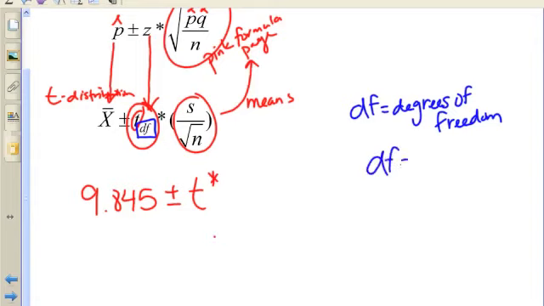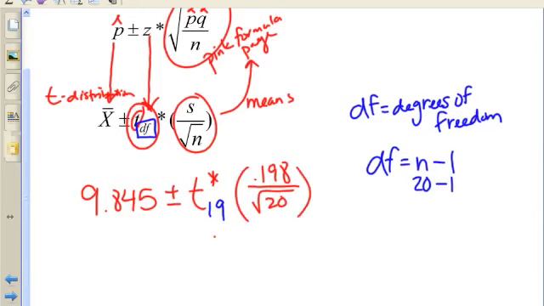Degrees of freedom are equal to N minus 1. Pretty cool. So we had 20 as our sample size minus 1. It means I write a little subscript 19 right here. And that's good enough. I fill in my S, that was in the calculator, over the square root of 20. And I'm just going to copy the interval straight over from my calculator.